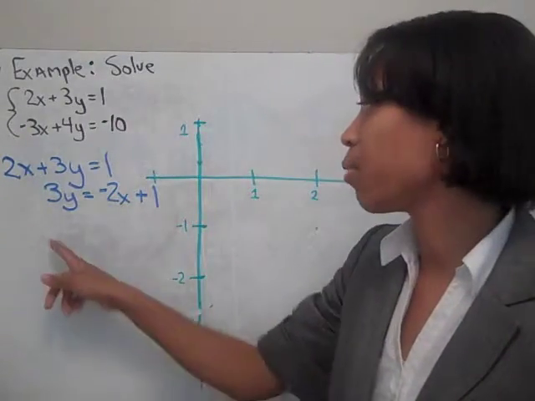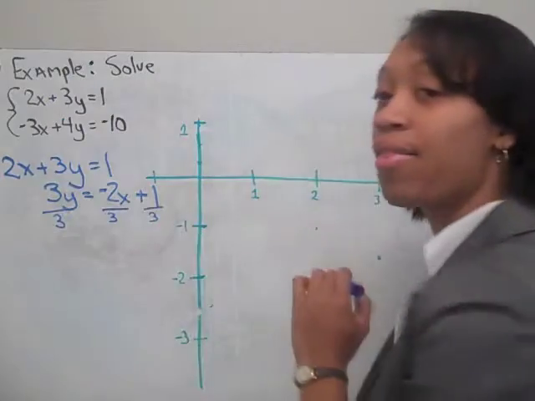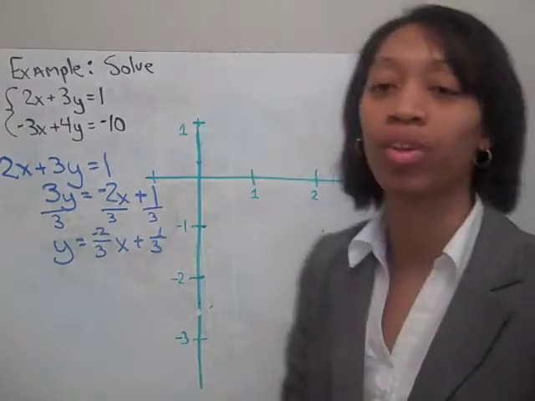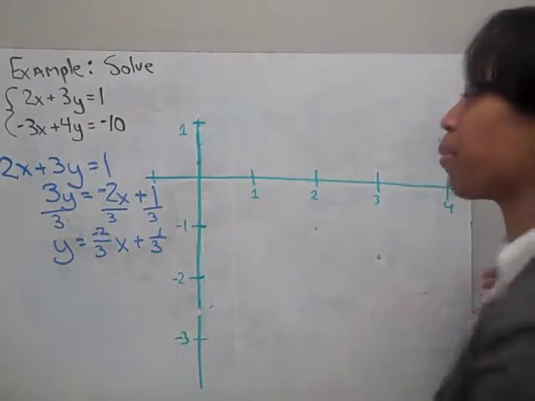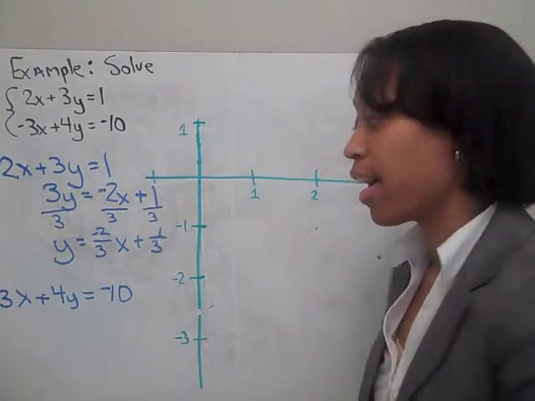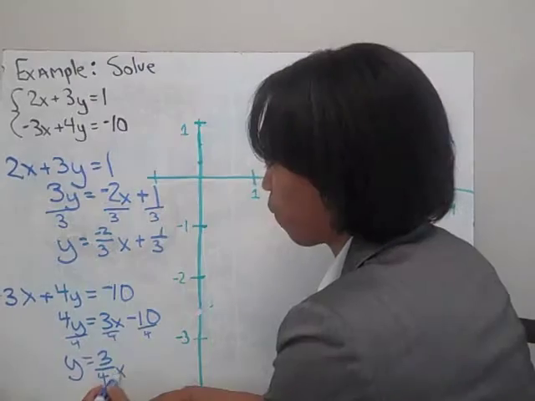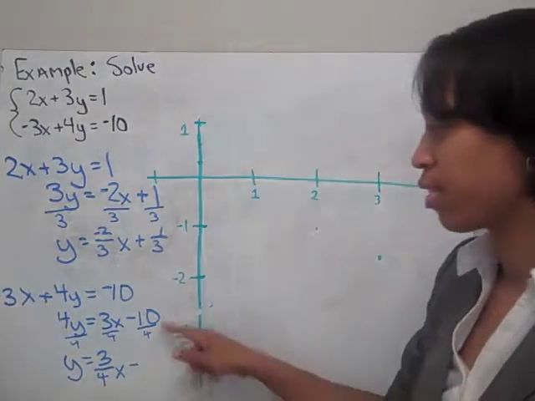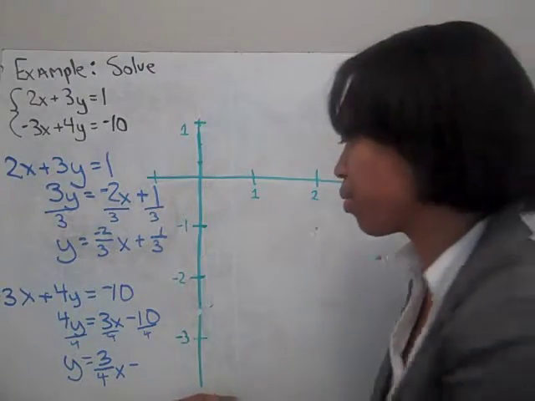Then, to get the y by itself, we're going to need to divide by 3. That gives us... Now we take the second equation and solve it for y. Add 3x to the other side, and divide by 4. 10 over 4 reduces to 5 over 2.